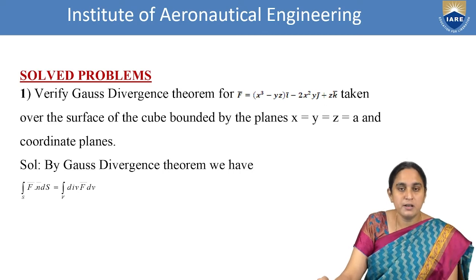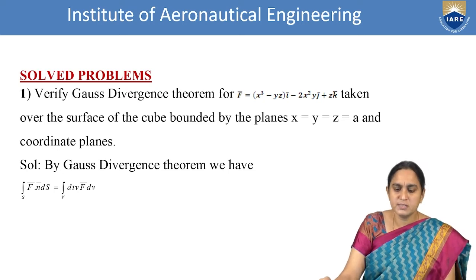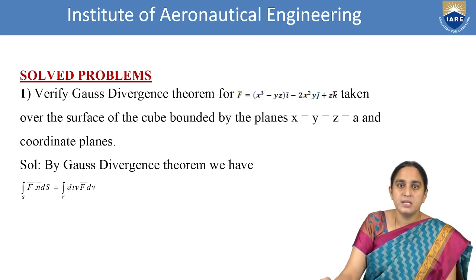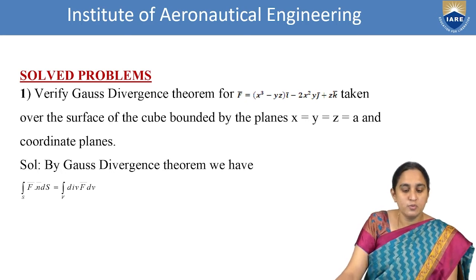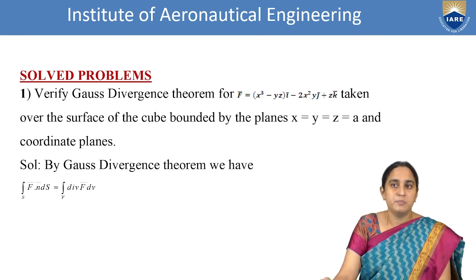Verify Gauss Divergence Theorem for f bar is equal to (x cube minus yz) i bar minus 2x square y j bar plus z k bar, taken over the surface of the cube bounded by the planes x is equal to y is equal to z is equal to a and the coordinate planes.